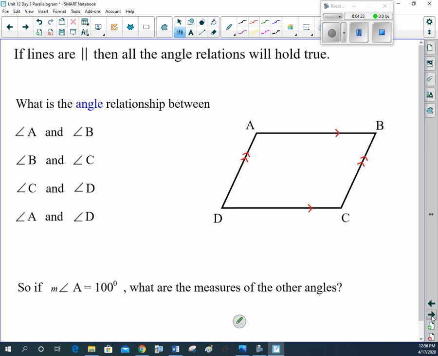Okay, so in a parallelogram, if the lines are parallel, then we have all of these angle relationships which are true. So angle A and angle B. If you remember from parallel lines, here's angle A, here's angle B. If you think of this as the transversal, and these two are parallel lines, these were called consecutive interior angles.